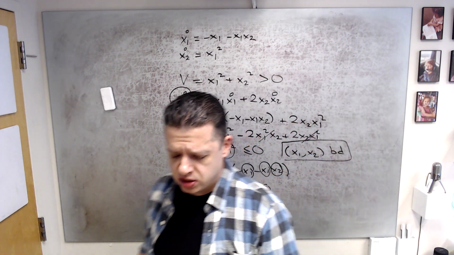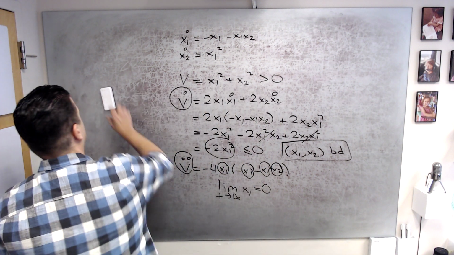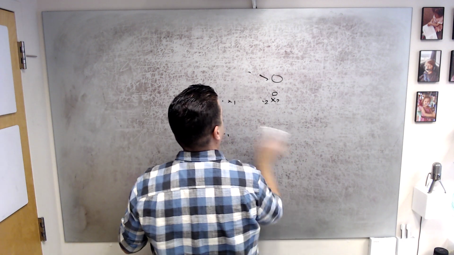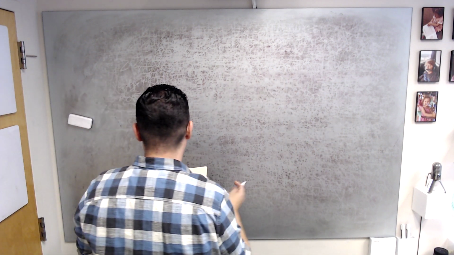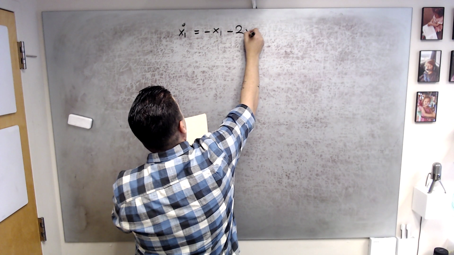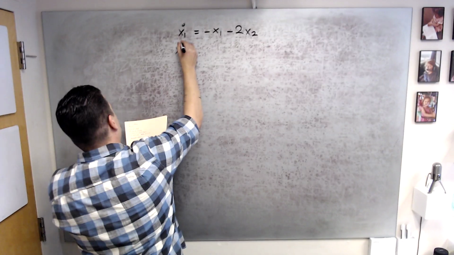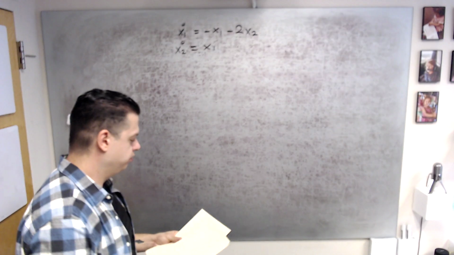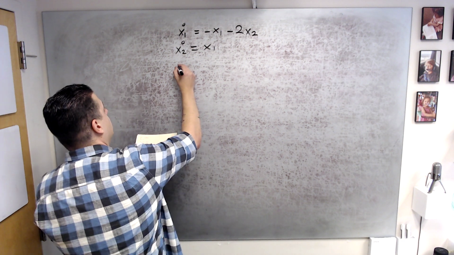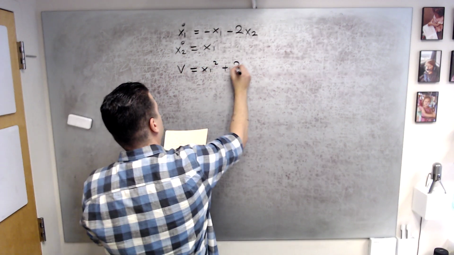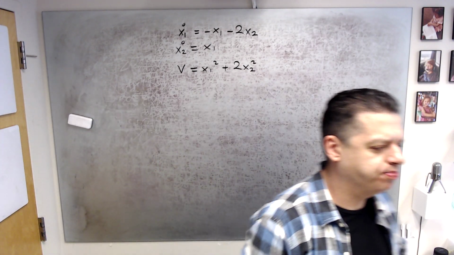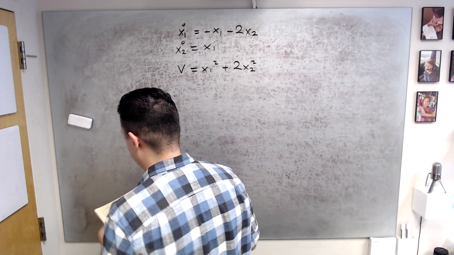And now let's consider another example. All right, so in this case, let's have x1 dot equals minus x1 minus 2x2, x2 dot equals x1. Let's consider the Lyapunov function candidate V equals x1 to the power of 2 plus 2x2 to the power of 2. Why not? So it is positive definite, contains the origin, radially unbounded.